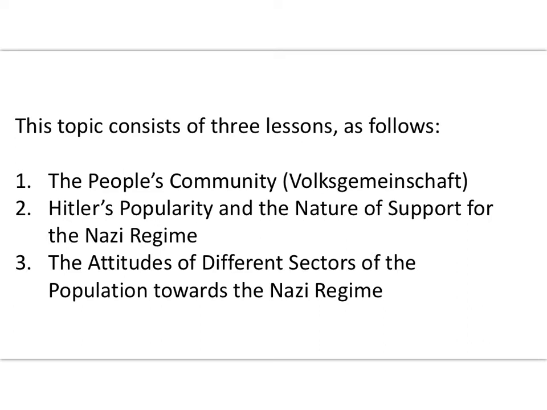And then we will do a lesson which will look at the extent of support for Hitler from the different sectors of the population, whether that be social classes such as the middle classes and working classes, or other sectors such as young people, women, religious groups, etc. So, three lessons to cover this topic.